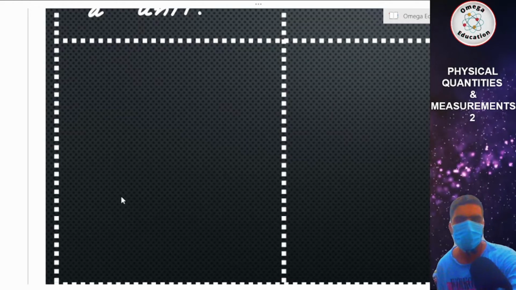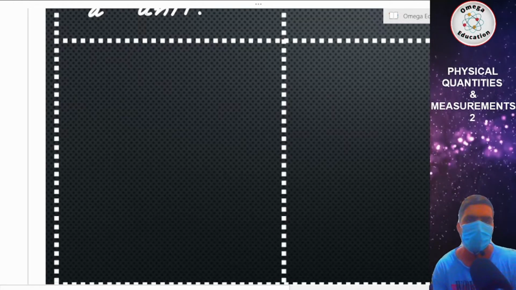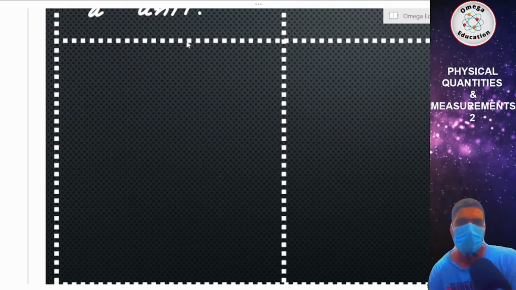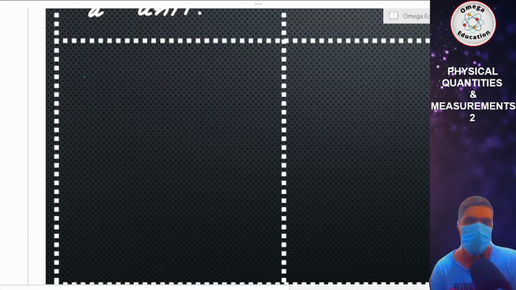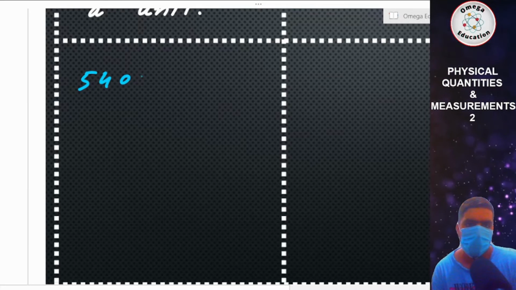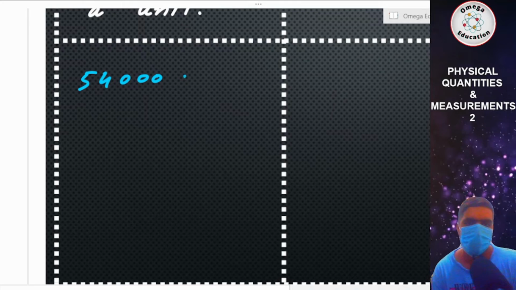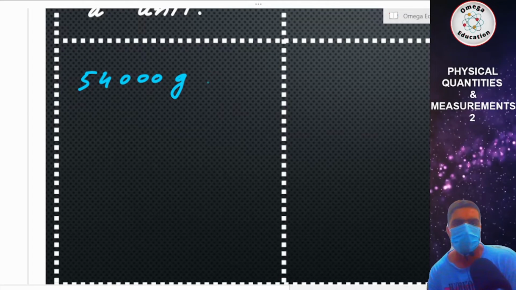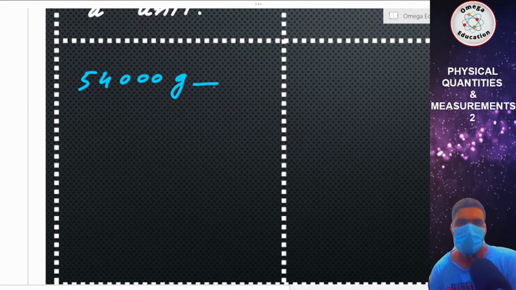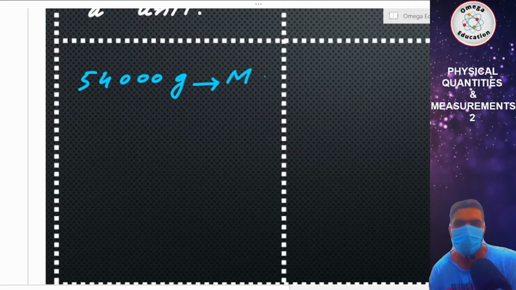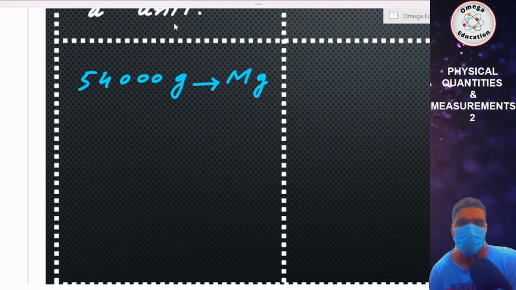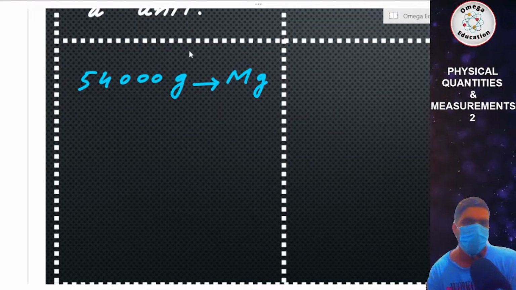Let's say in a question they were measuring the mass of an object, and the mass comes out to be 54,000 grams, and you need to insert a prefix, and that is a part of the question, that you need to insert this one prefix.